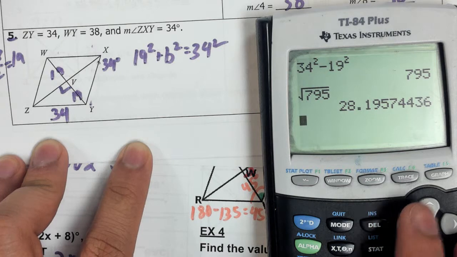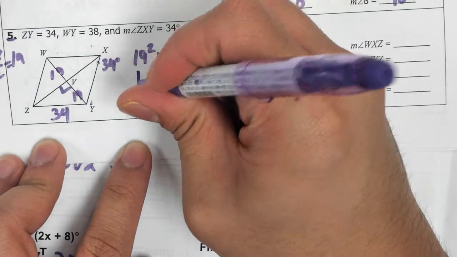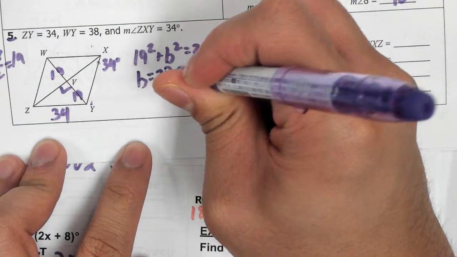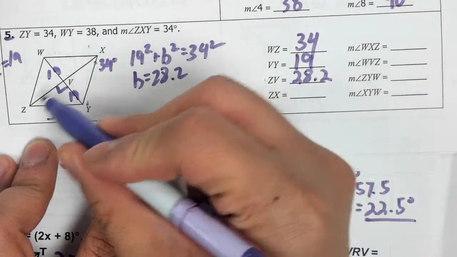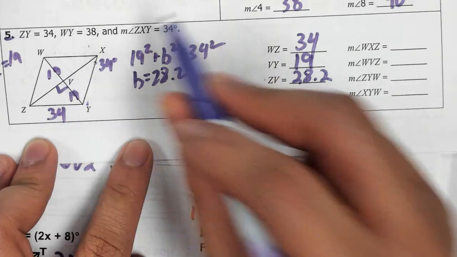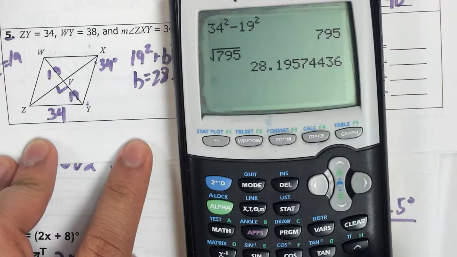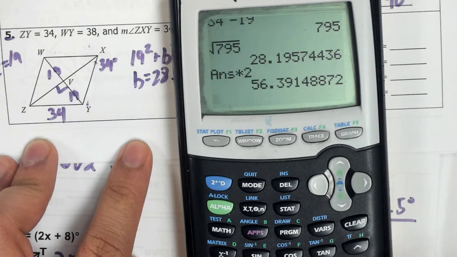So 28.2. Which means ZX would be that full segment. You double it, 56.4.